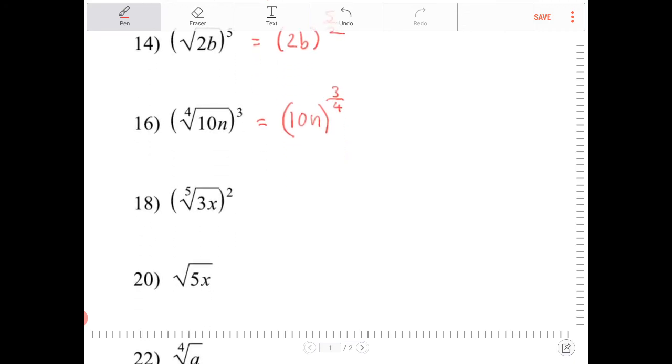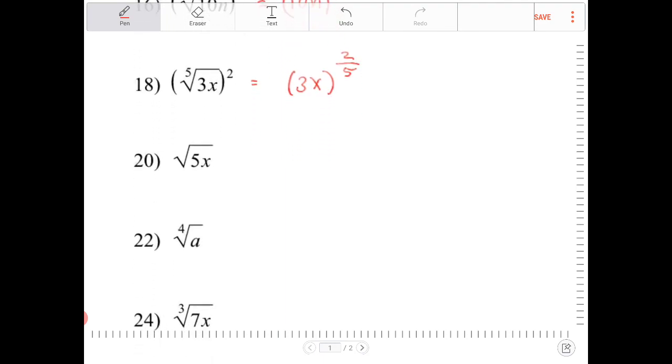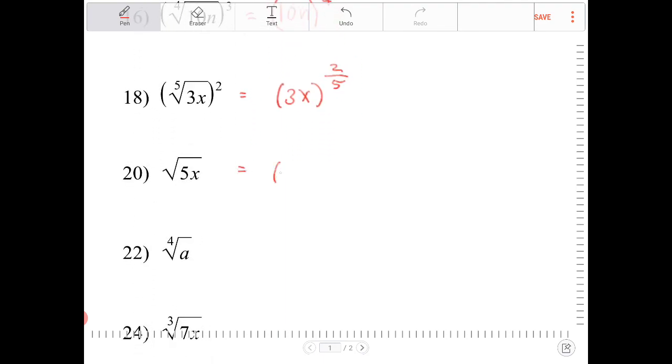Make sure you enclose 10n in parentheses. 3x to the power of 2/5. 5x to the power of 1/2.